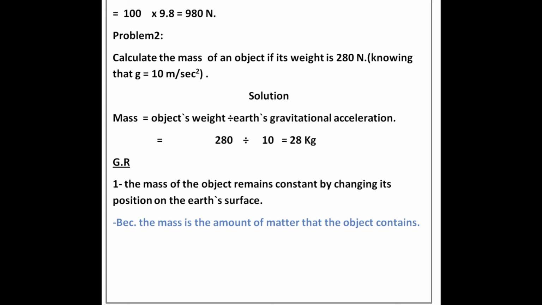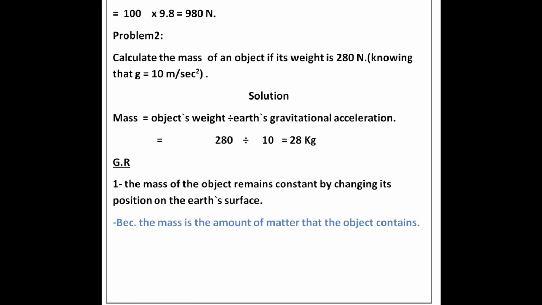Let's go to a give-reason question: the mass of the object remains constant when changing its position on the Earth's surface. What's the meaning of the question? If I am on the Earth's surface and my weight is 70 Newton, for example, and I go to the moon, the weight is different, but my mass doesn't change.